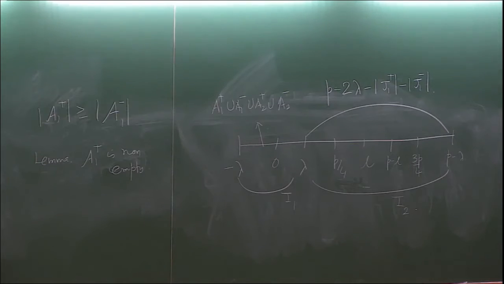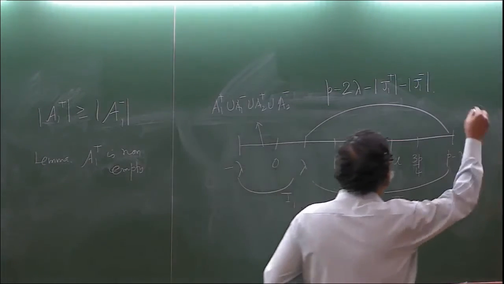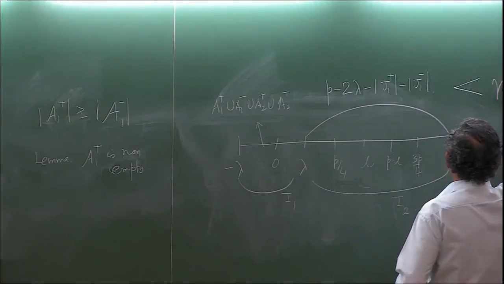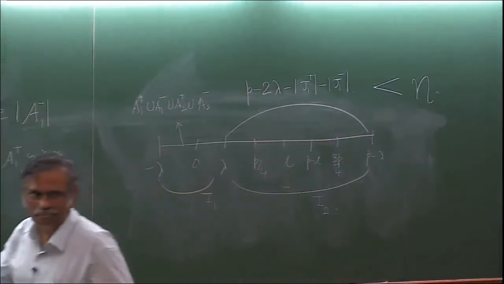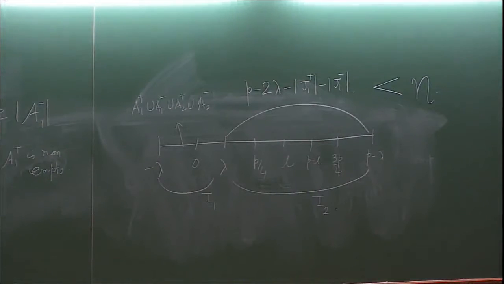And then I leave it to you, as a simple exercise, to add all those things and prove that this number is strictly less than n. Therefore, all the elements cannot be there. And that proves the case 0.238.